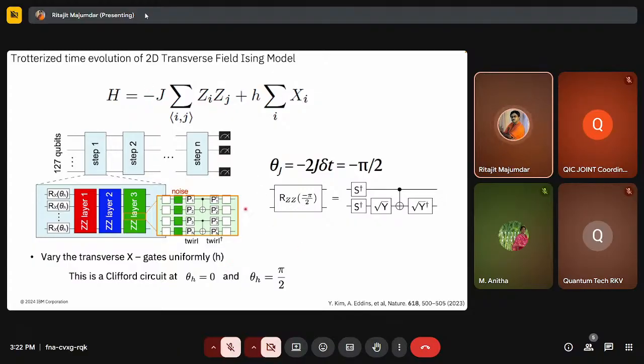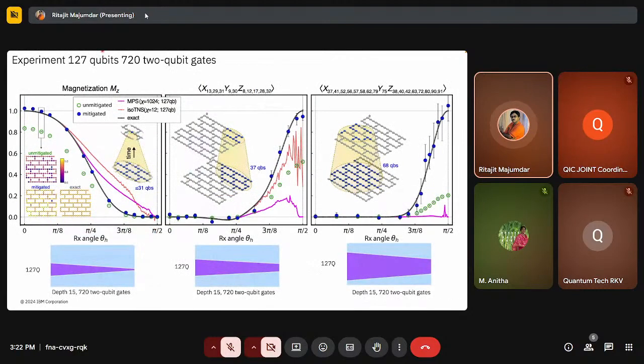I'm trying to learn some property of that graph, which in terms of physics and chemistry means I want to calculate the expectation value. This is basically called magnetization in physics, but you can just think that I'm trying to learn some properties.